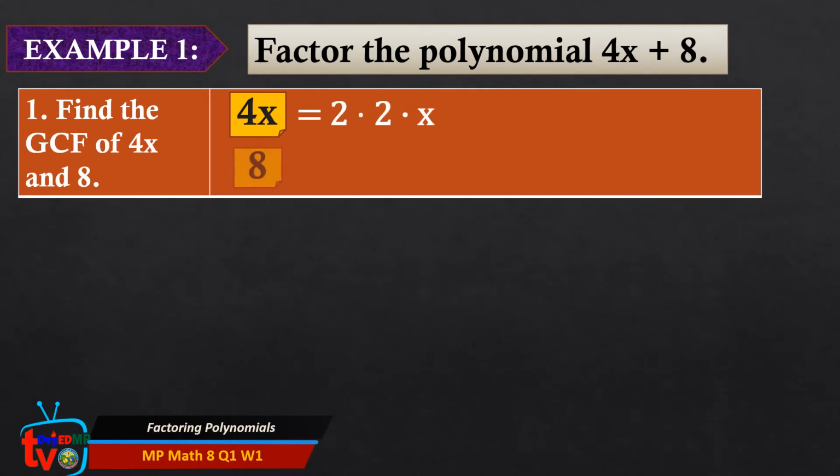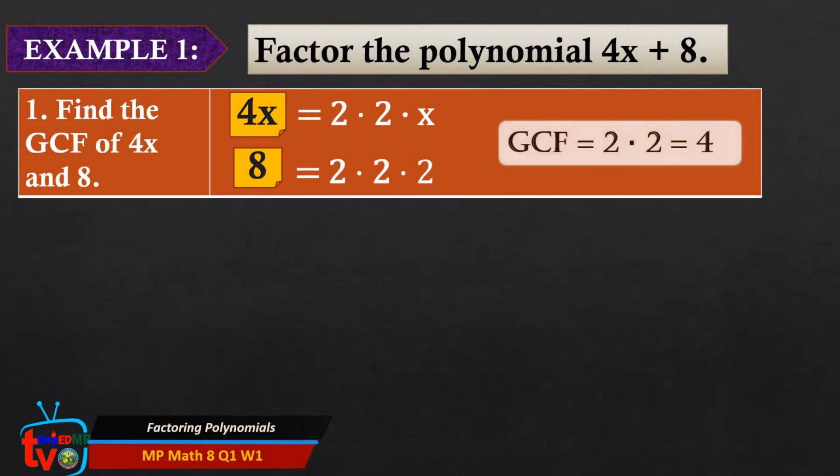The factors of 8 are 2 times 2 times 2. Now, we determine the GCF by identifying the common factors, and then we multiply these common factors. The common factors are 2 and 2. Now we get the product. 2 times 2 is 4. So 4 is the GCF.